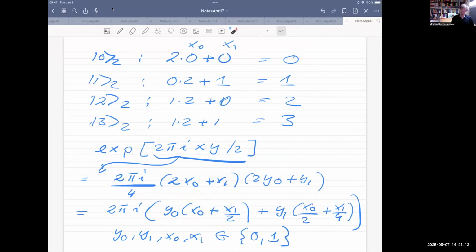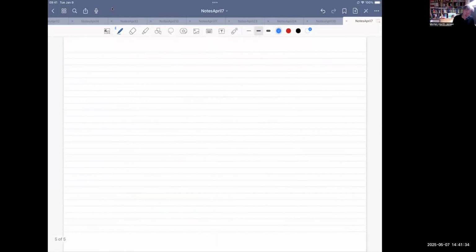So if x is 0, then obviously we have 0 as argument to the exponential. If y is 0, we get the same. If y0 and x0 are 1, then we have 2 pi i. The exponential of 2 pi i just gives us 1. So this is just an intermediate thing to note. So I'm just going to frame it in. Note that.